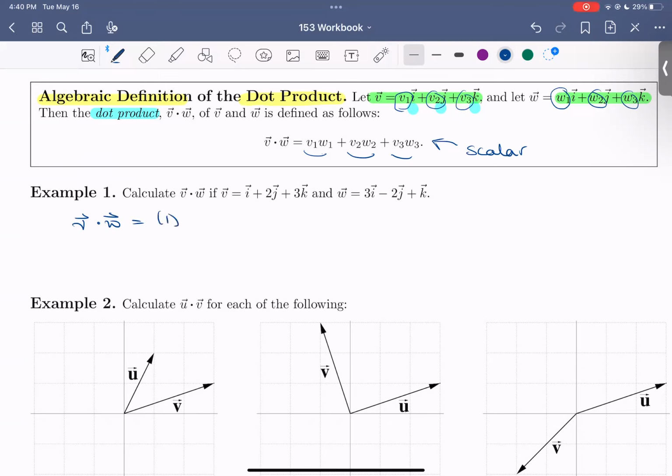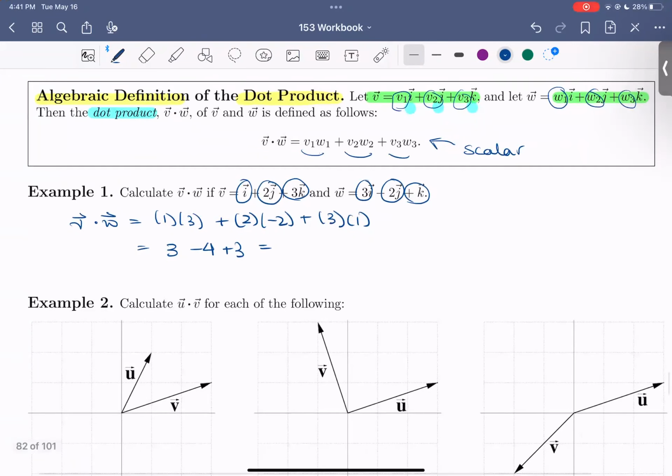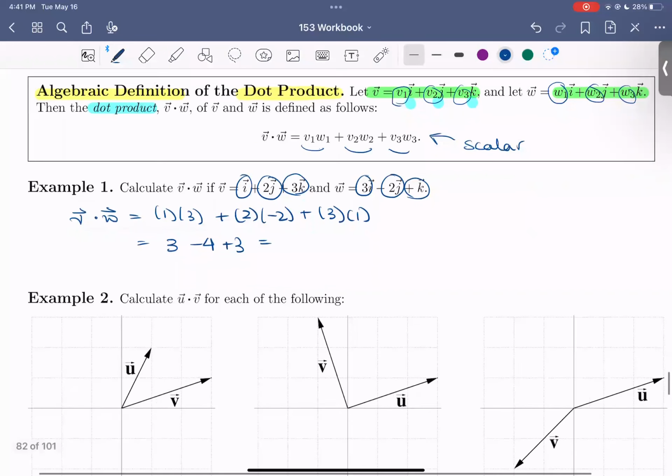So we have 1 times 3, looking at the i terms, plus 2 times negative 2, looking at the j terms, plus 3 times 1, looking at the k terms. So we can add all those together. We get 3 minus 4 plus 3, which is equal to 2. So again, we see that the output here is a scalar, a number.